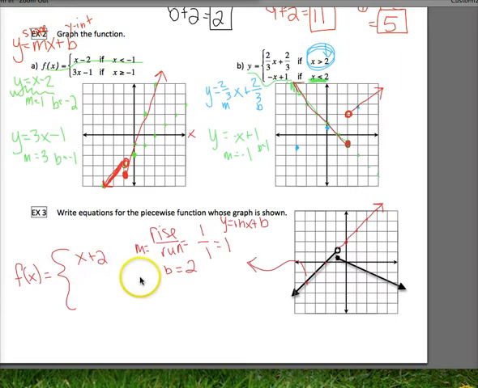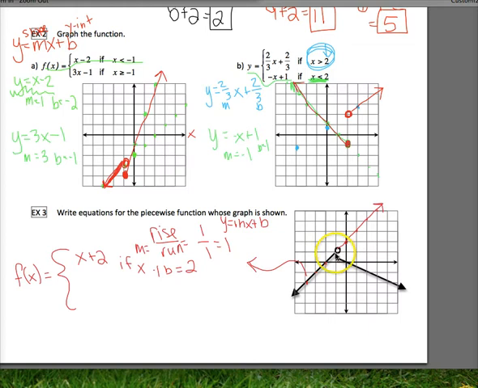Now, I need my restriction because I don't have that whole graph. So look at where the dot is. That's the breaking point. That breaking point is where x is -1. You're not looking at the y value, you're looking at the x value. The x value there on that breaking point is -1. So if x, and then we know it's going to be -1, in order to get the symbol, see which part you have.